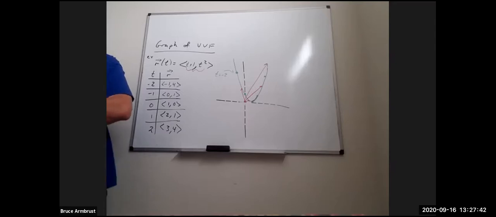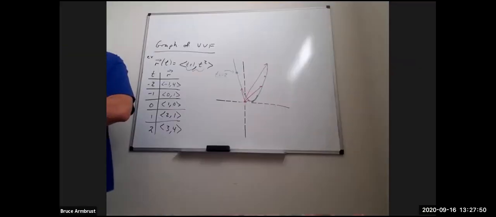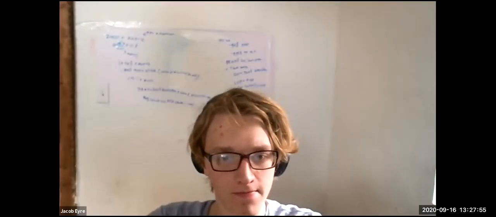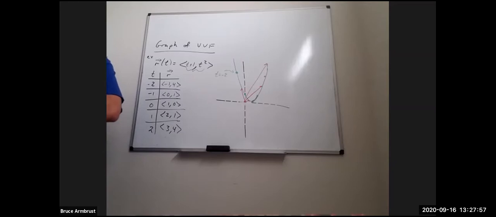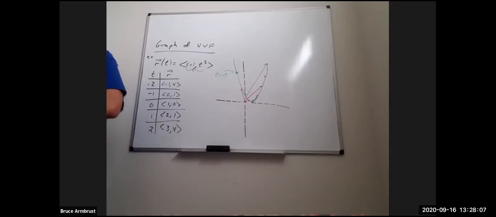You've seen something like this in calculus. Tangents? No, not tangents. Secants? Where you define x and y in terms of some other variable. Parameterization? Yeah, so these are parametric equations in essence, right?